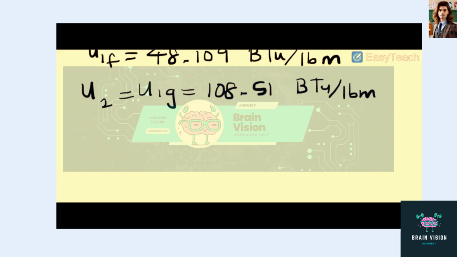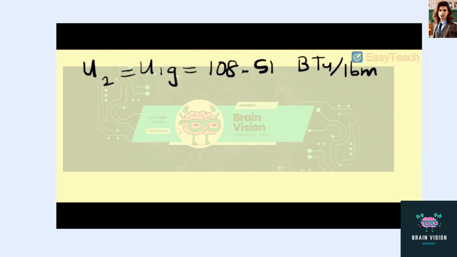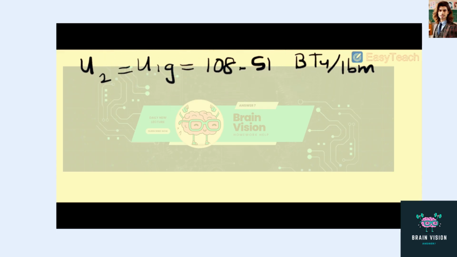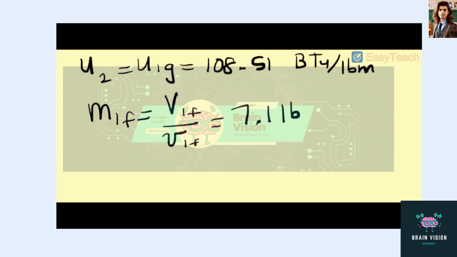So we can actually use the definition of specific volume to solve for the initial mass that's vapor and the initial mass that's liquid. So first we'll find the initial mass that is just liquid, and we'll call that M1F, which is equal to V1F over specific volume, v1F, and this will give us an initial liquid mass of 7.1 pound mass.